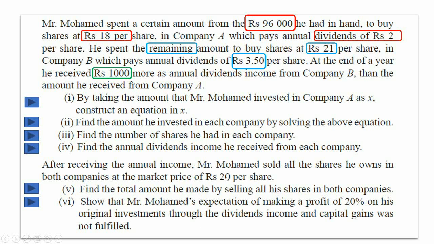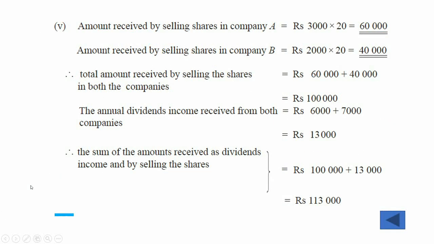So what is the amount he received by selling these shares? The amount received by selling company A shares: 3,000 shares at the selling price gives 60,000. For company B, it is 40,000. So the total amount received by selling shares of both companies is 60,000 plus 40,000.